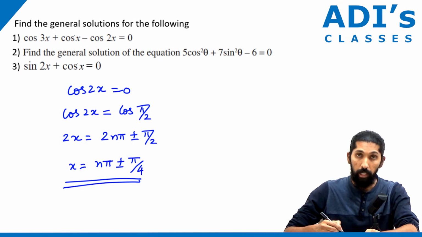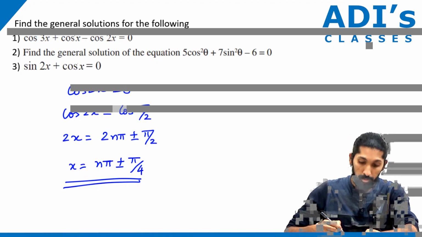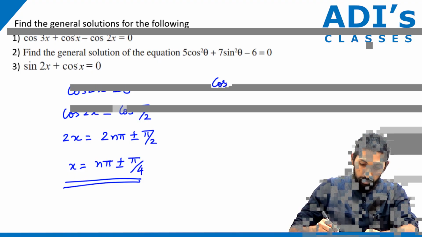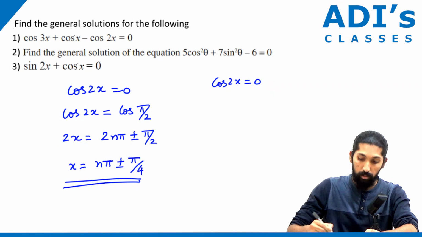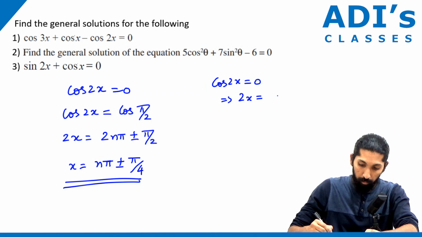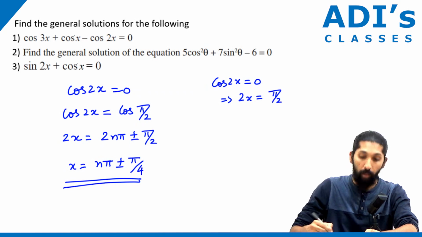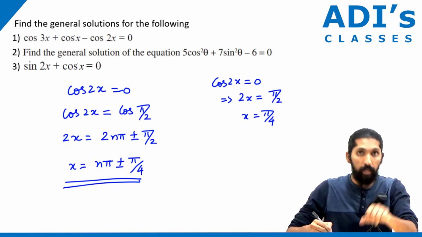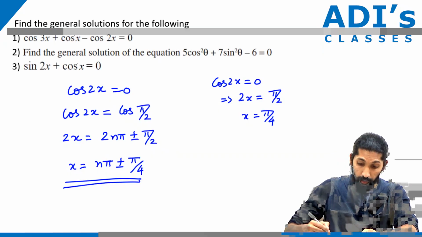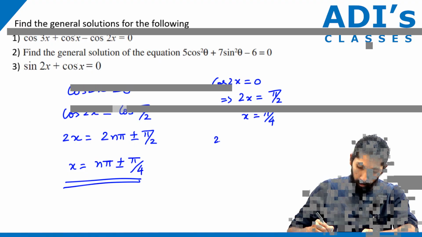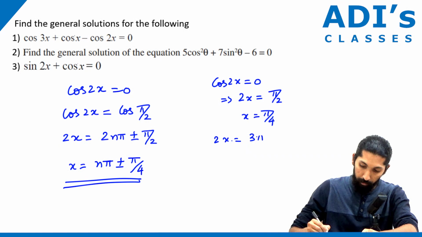If you are looking at the principal value for this one, then cos 2x is equal to 0. So this implies 2x is equal to pi by 2, or x is equal to pi by 4. Now this is one case. Or we can also take this as 3 pi by 2, that is 2x is equal to 3 pi by 2.